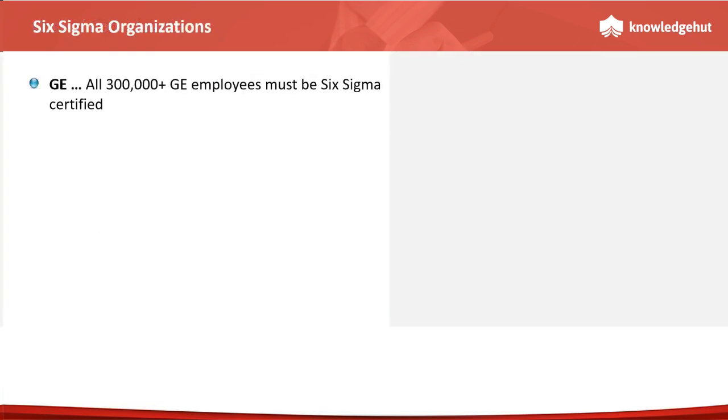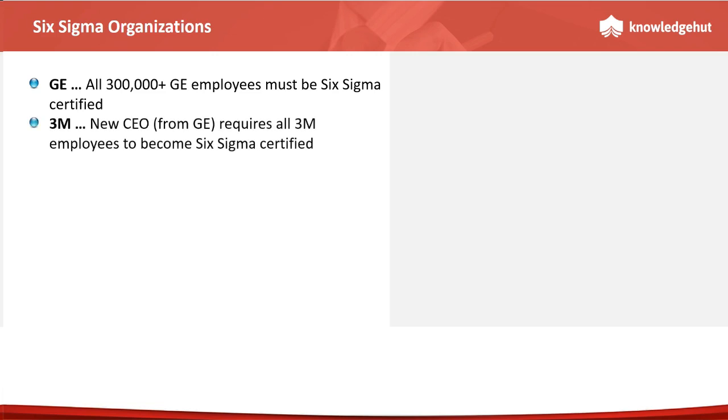Let's look at organizations that have implemented Six Sigma. Jack Welch, who was the CEO of GE, had all 300,000 employees. He made it a mandate that all 300,000 employees must be Six Sigma certified. Then he moved on to 3M and pretty much implemented the same structure and methodology there as well.